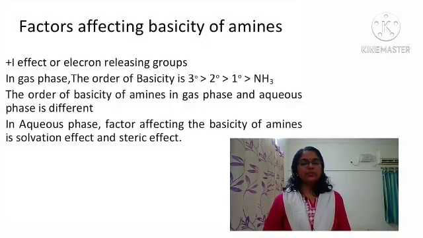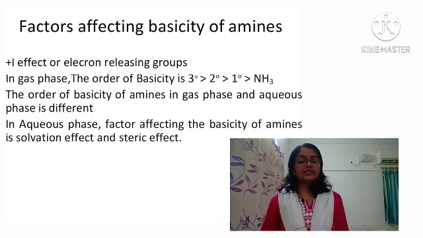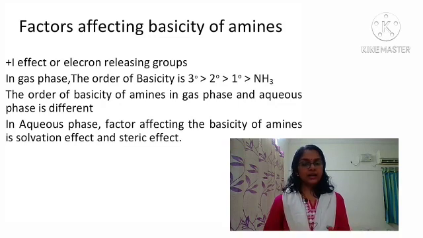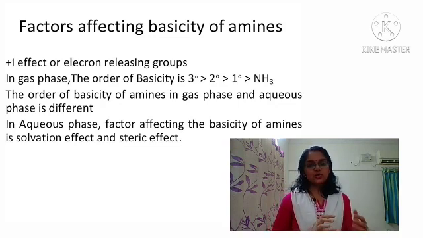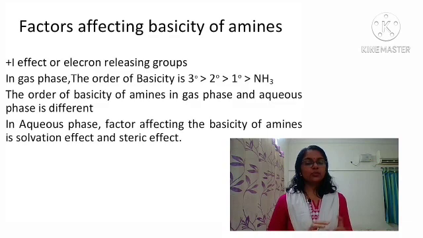This alkyl group has an inductive effect, that is a plus I effect, meaning it has an electron releasing capacity. So alkyl amines have one or more alkyl groups, and that means they have electron releasing capacity. But in ammonia, there is no such electron releasing group because it is surrounded by 3 hydrogen atoms.